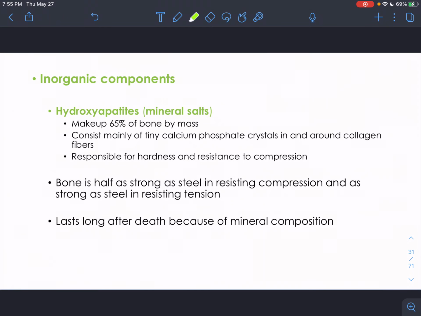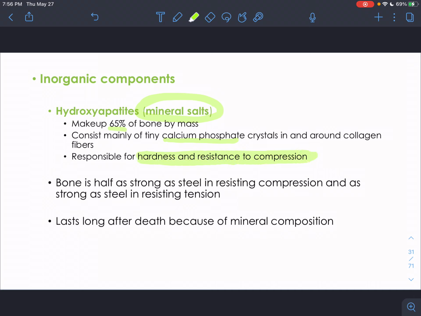Okay, and then inorganic compounds, mostly hydroxyapatites, which we're just going to call mineral salts. I butchered that. They make up about 65% of the bone by mass. So a lot of your bone is just these inorganic salts, different minerals, mostly calcium phosphate crystals, found all around the collagen fibers, that are responsible for the hardness and resistance to compression.